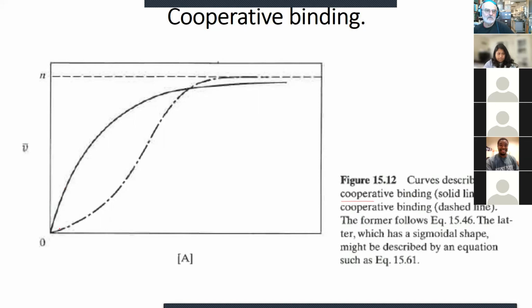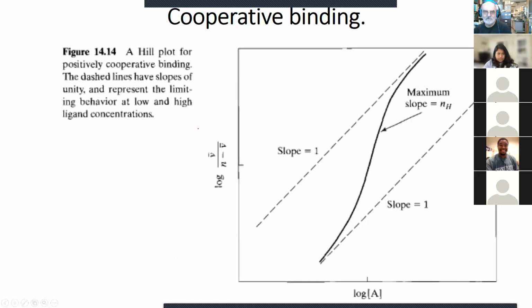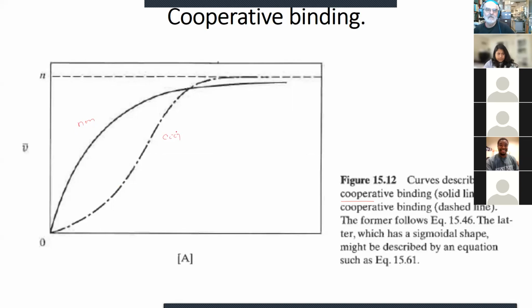So it looks like a usual saturation curve that comes up to n. And then there's a sigmoidal curve that has that classic shape. So this is non-cooperative and this is cooperative. And remember I said you can tell that in the other different plots if they're presented correctly. Just showing it this way, you can tell the difference between non-cooperative and cooperative.